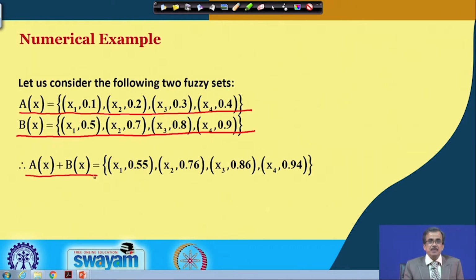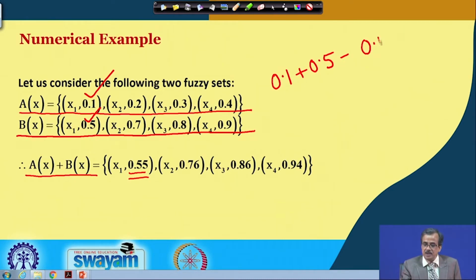Now, as I told, to find out the membership value corresponding to x 1, what you will have to do is add this particular membership function value to this particular membership function value, and then subtract this multiplied by this. So, 0.1 plus 0.5 minus 0.1 multiplied by 0.5.